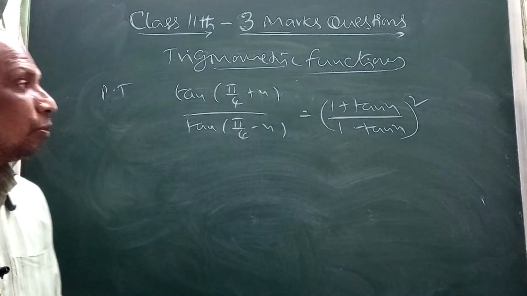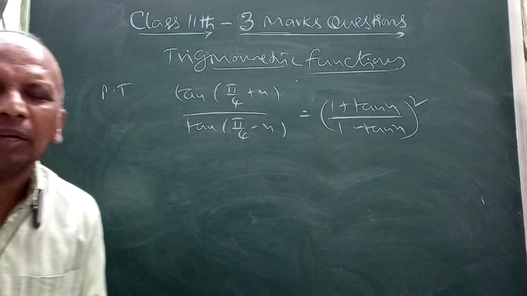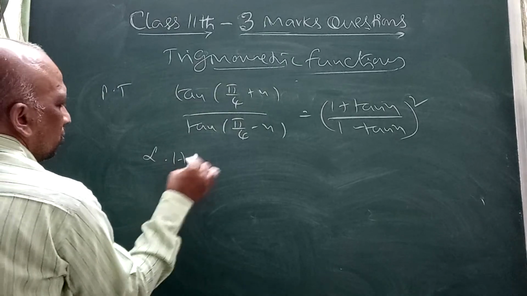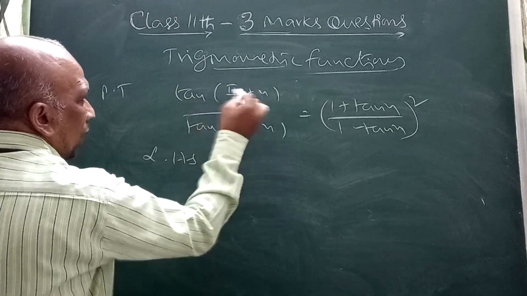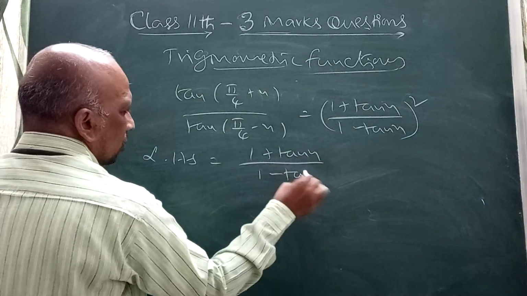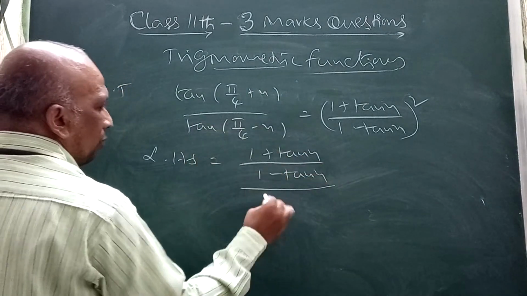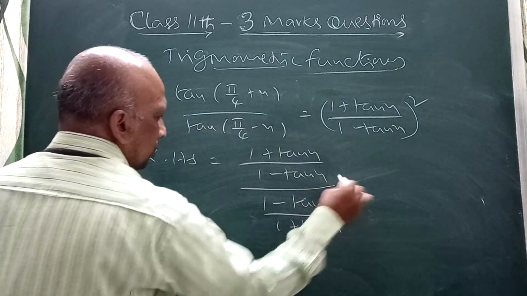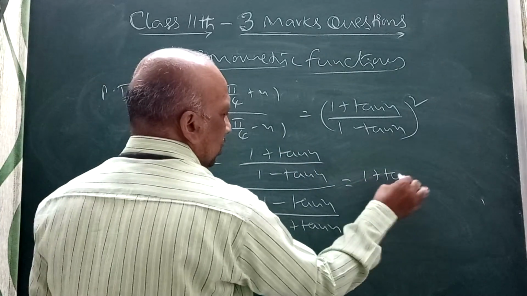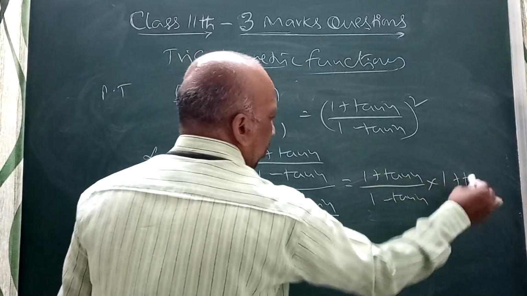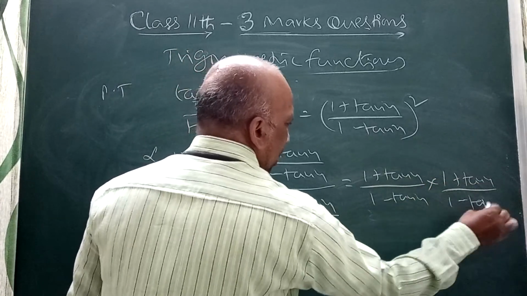When they ask this type of problem, just expand tan of a plus b. Tan of pi by 4 plus x, if you expand this, you will get 1 plus tan x by 1 minus tan x. Tan of pi by 4 minus x gives 1 minus tan x by 1 plus tan x. It will come as 1 plus tan x by 1 minus tan x into 1 plus tan x by 1 minus tan x.